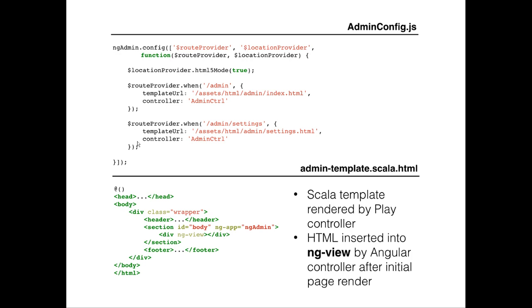As long as the navigation is actually happening within those, Angular is going to intercept it, and it's going to use its own routing. And if it's outside of that, so if you put some links in that header, then those links are actually going to make a full server-side request, and Play is going to handle that route for you. So it's a cool way to slice up a site.